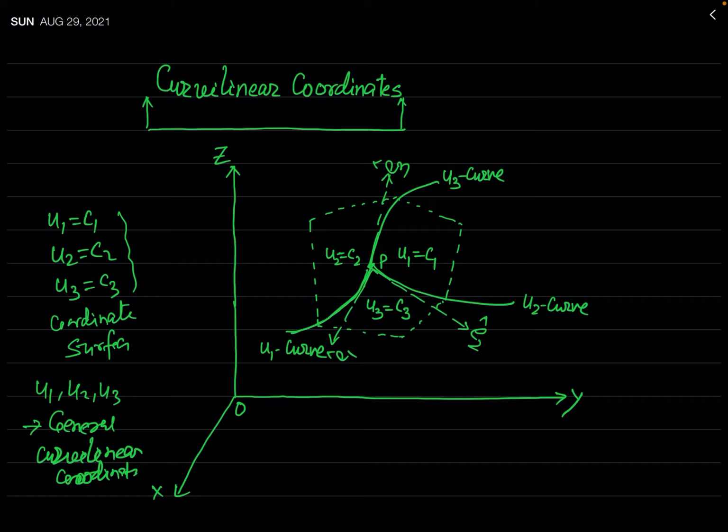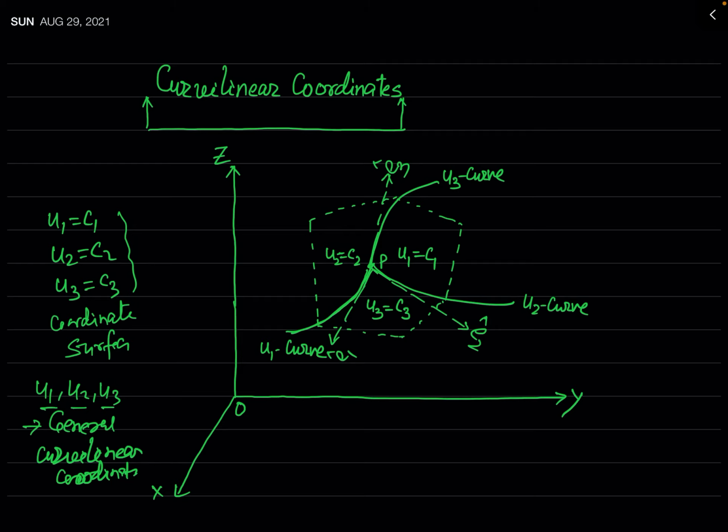Now, if you consider a condition that any two surfaces intersect one another everywhere mutually perpendicular, in that condition, these quantities u1, u2, and u3 are known as orthogonal curvilinear coordinates. Actually, orthogonal curvilinear coordinates are of more practical importance, because in real physical problems you will see that we always consider an orthogonal curvilinear coordinate system.